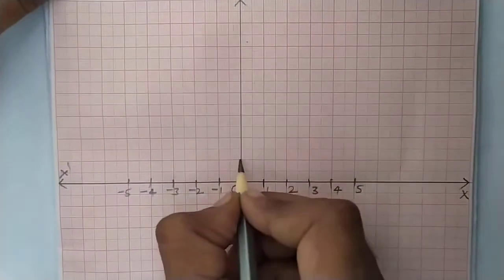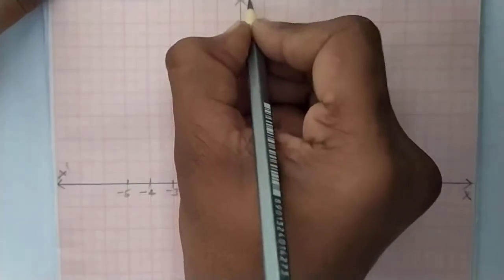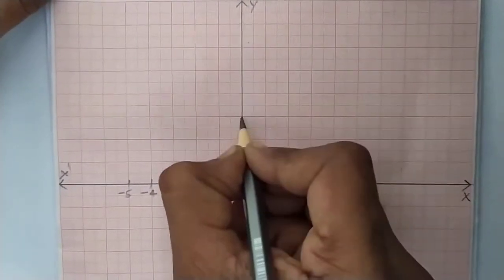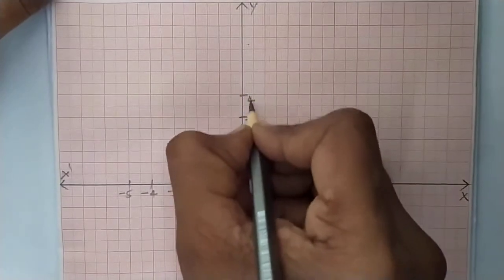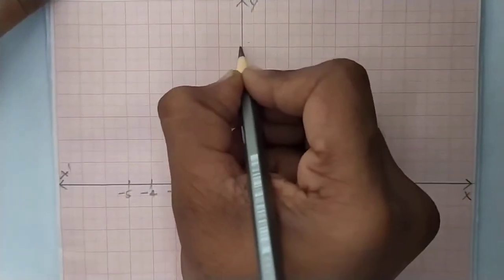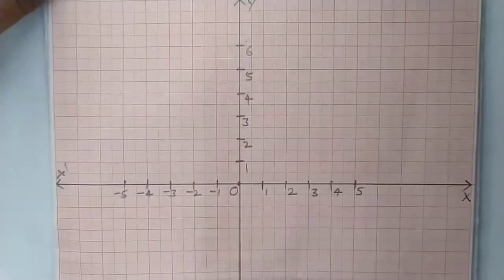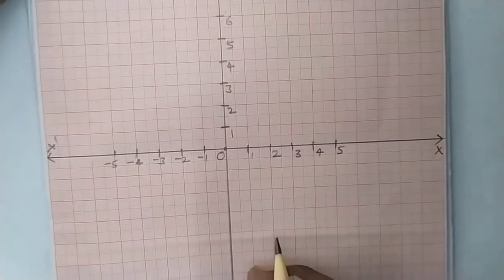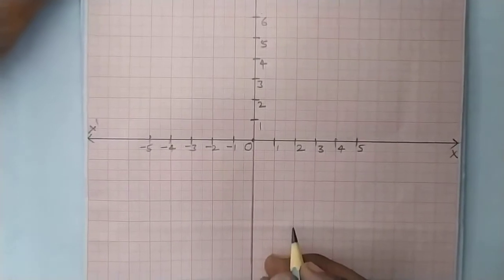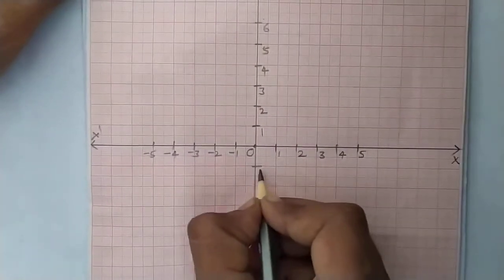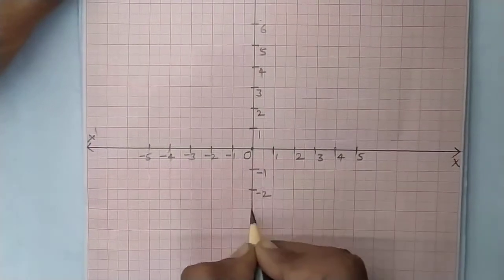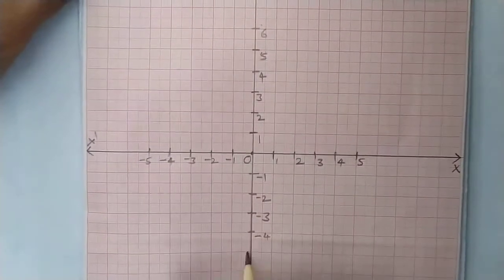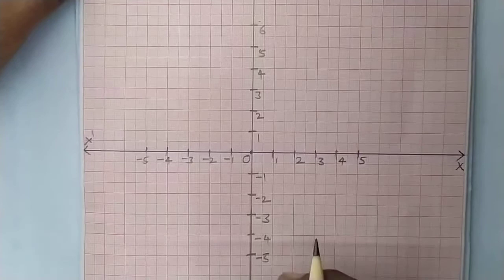Let us take the values on the positive y-axis 1, 2, 3, 4, 5, 6 and so on. Let us take the values on the negative y-axis -1, -2, -3, -4, -5, -6 and so on.